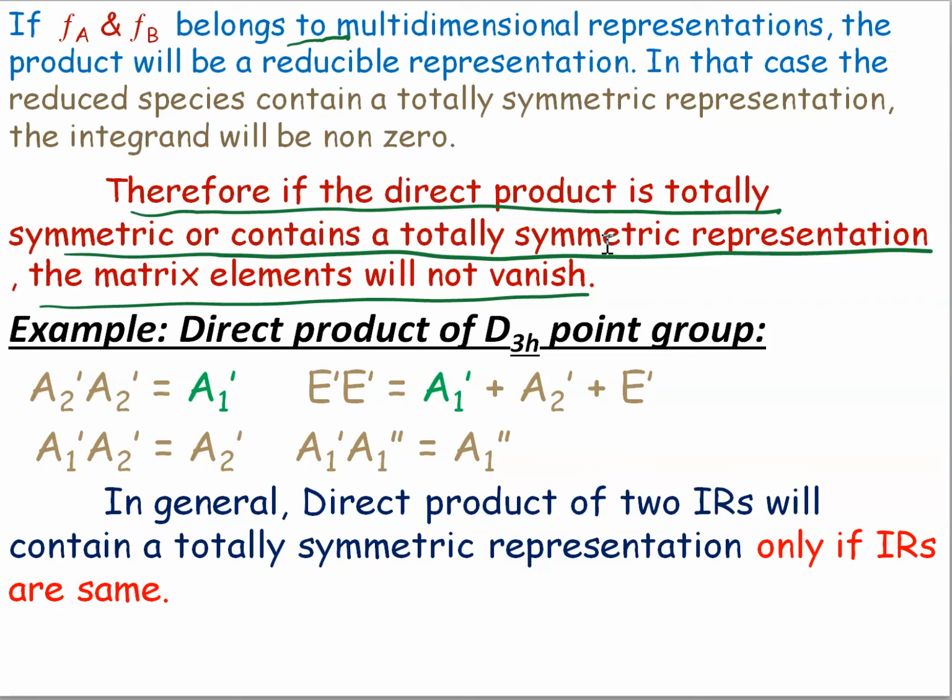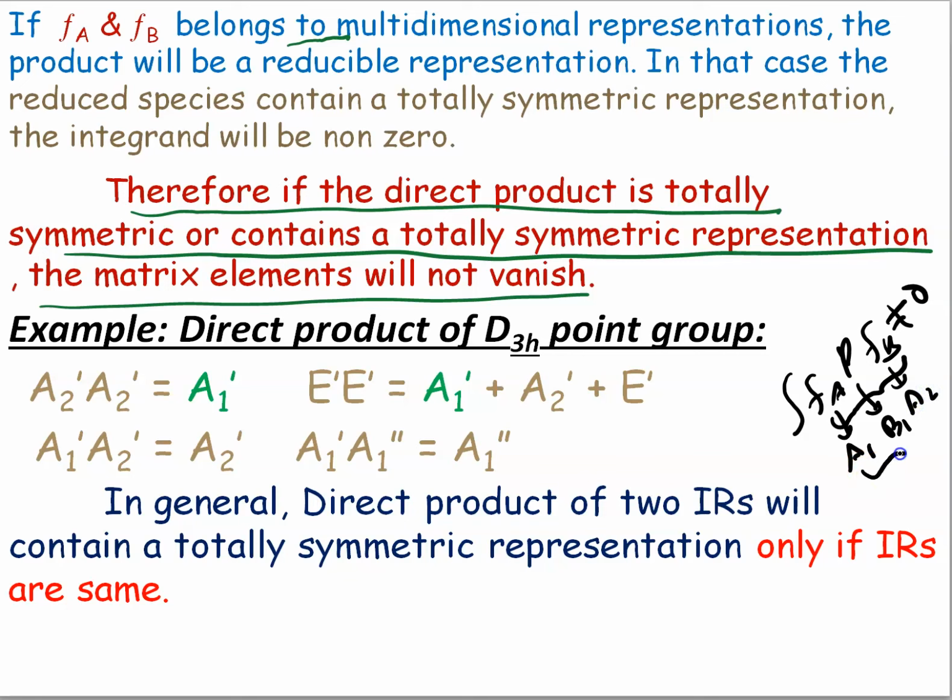Sometimes you may not understand. I worry you can't understand these things, but you have to read the textbook very well. I am telling only this thing: the integral fa P fb is not equal to 0 if the direct product of fa, P, fb is totally symmetric. fa has a symmetry like A1, P a symmetry of suppose B1, fb a symmetry of suppose A2.